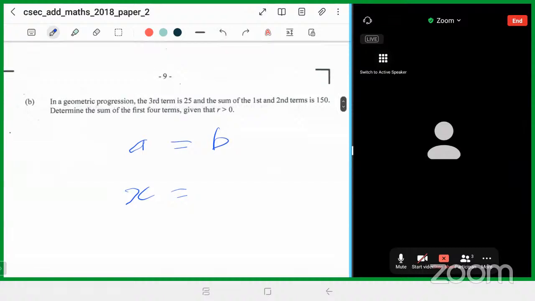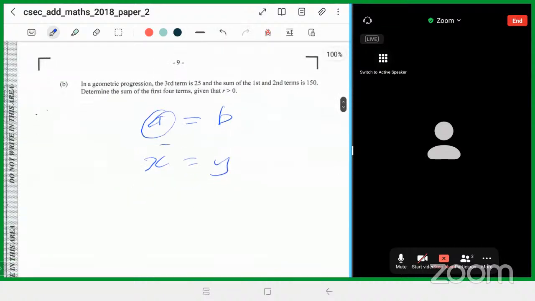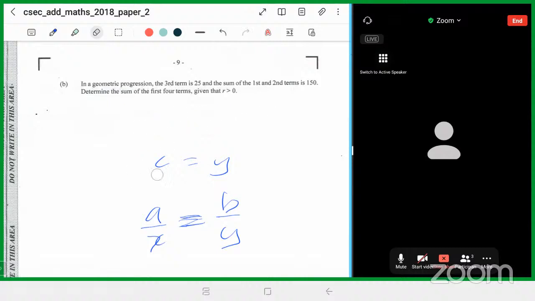Then A over X equals B over Y, after all, since A equals B and X equals Y. That's all. So let's divide the two equations: divide the terms on the left side with each other, divide the terms on the right side with each other, and put the equal sign between them. That's how I divide two equations.